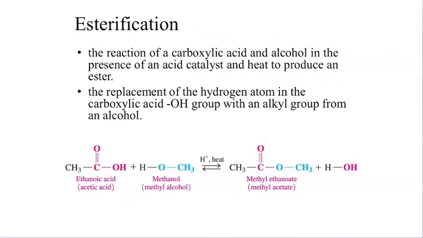The scientist that made this reaction had the last name Fischer, so this is known as the Fischer esterification reaction. In it, a carboxylic acid and an alcohol come together in the presence of acid and heat to make that ester. In turn, you also form water.